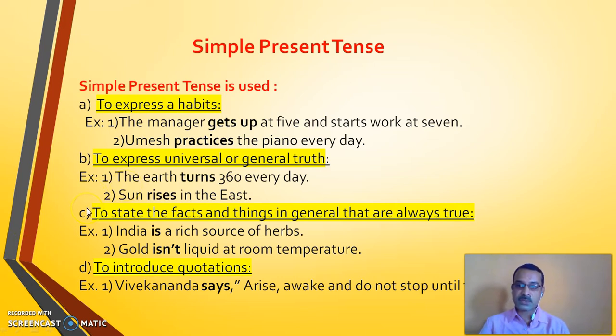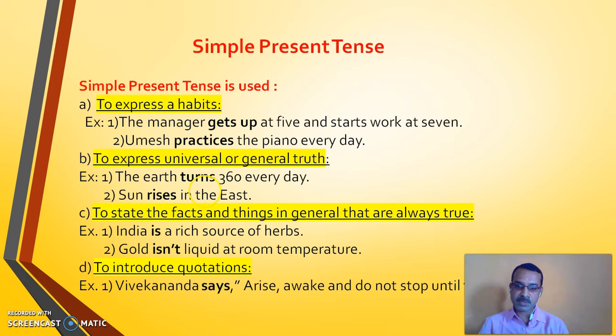The third use of simple present tense is to state facts and things in general that are always true. For example, India is rich. India is a rich source of herbs. It is a universal truth, always true, facts and things. Second example is gold isn't liquid at room temperature.